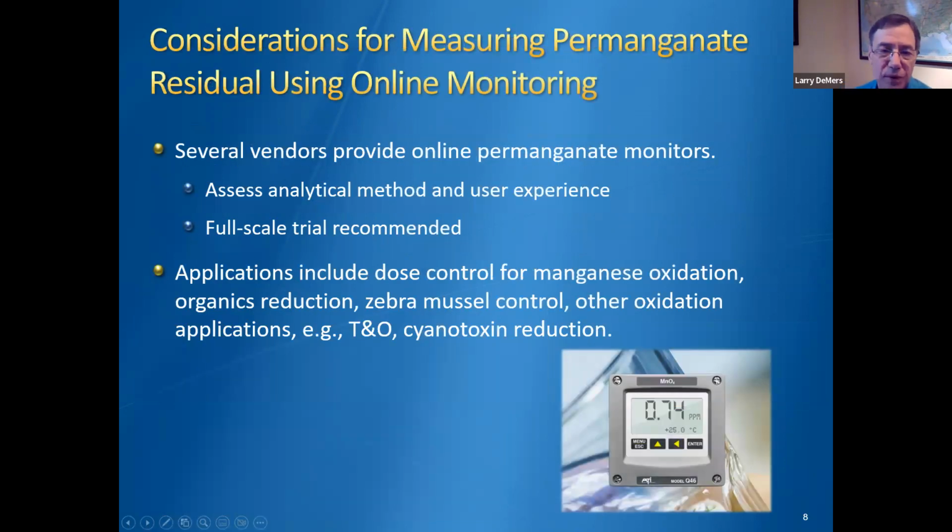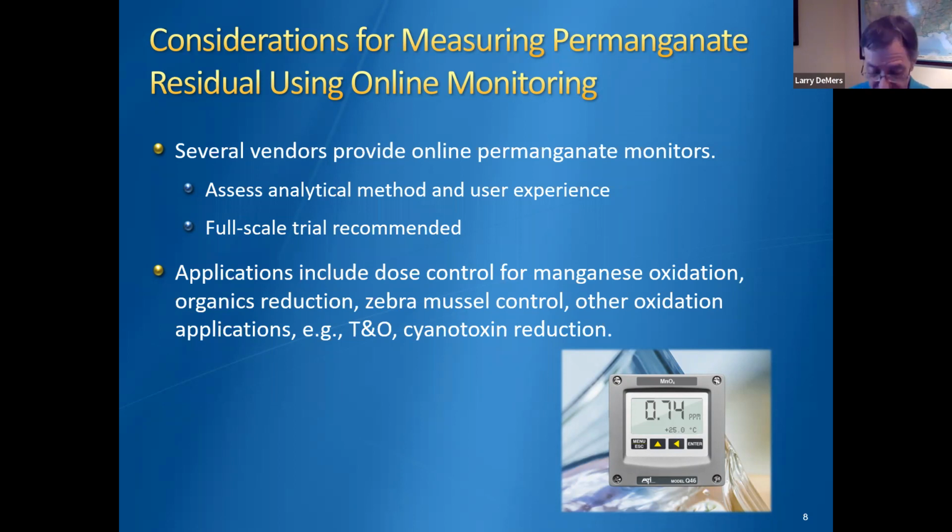With the increased usage of permanganate for different process objectives, there are going to be more online monitors available. There are several vendors that provide monitors. Our guidance here, since they're relatively new on the market, is to look closely and assess what their analytical method is for measuring it, and what the user experience has been with the instrument.